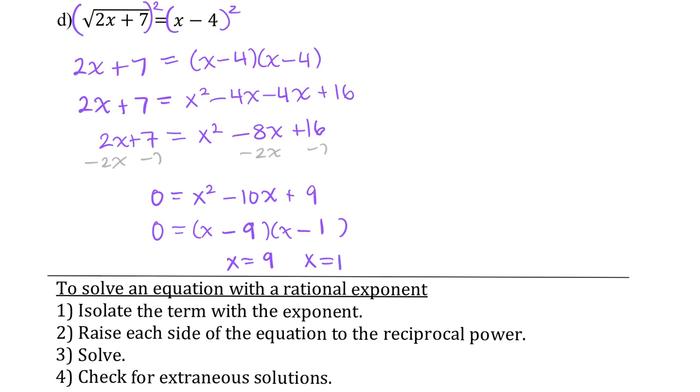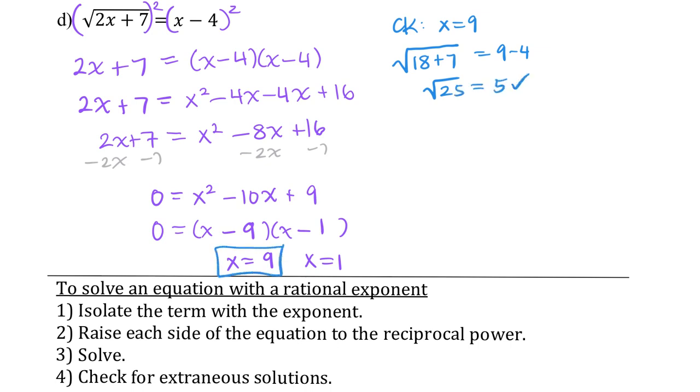I'm going to check them in the original. I'm going to check 9 first. So what is that? 2 times 9 is 18 plus 7, equals 9 minus 4. 18 plus 7 is 25. The square root of 25 equals 5. Sure does. Now let's check x equals 1.